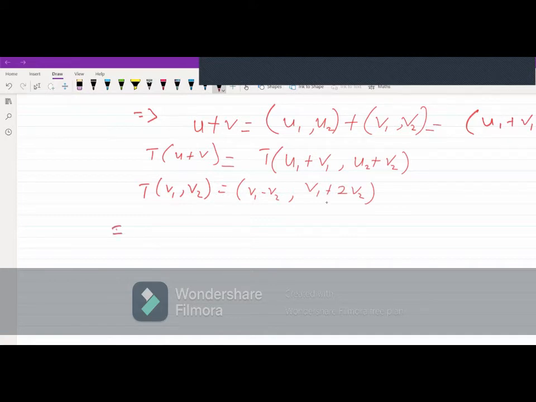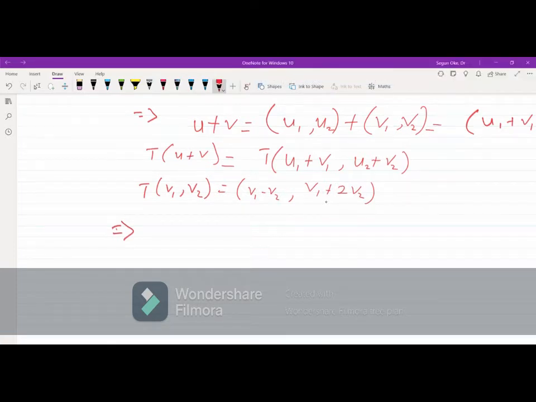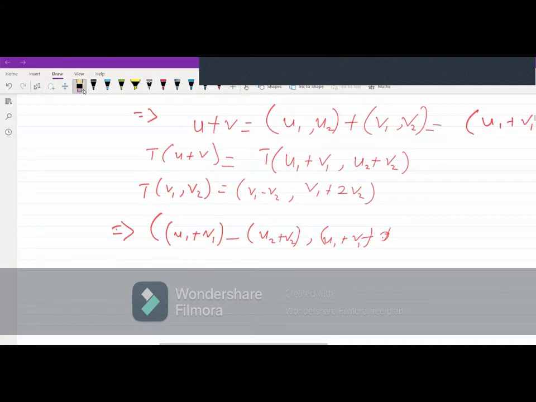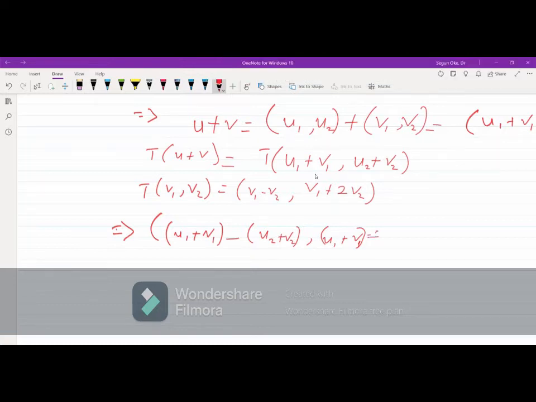So I'm going to have in brackets U1 plus V1 minus (U2 plus V2), comma, then the next thing will be U1 plus V1 plus 2 into (U2 plus V2), close the big brackets.